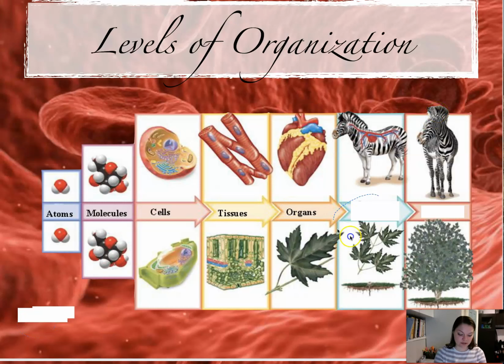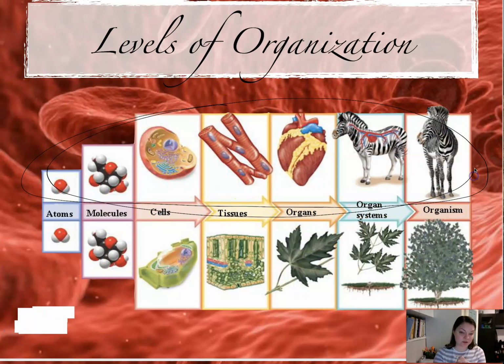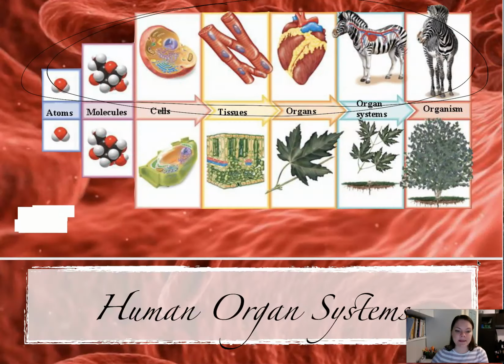And different organs all work together to perform a similar function, making up the organ system, to finally make up the organism. We will spend the time really looking at animals in particular, but please keep in mind that plants and fungi also have their own organs and organ systems, which is kind of weird to think of, like a fungal organ system.